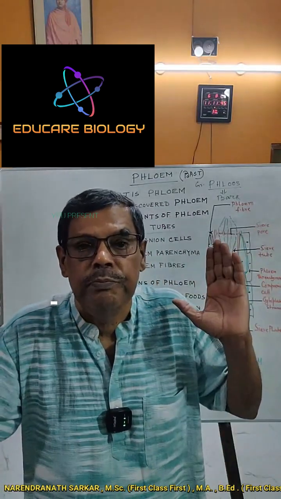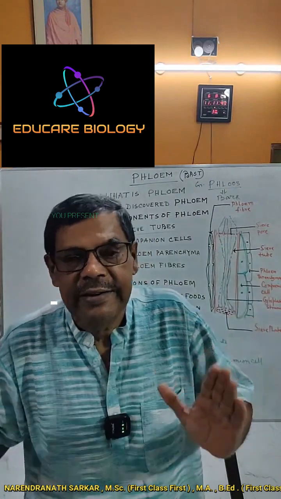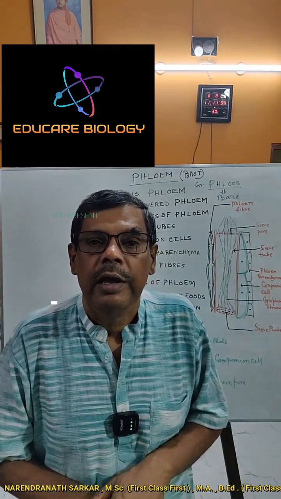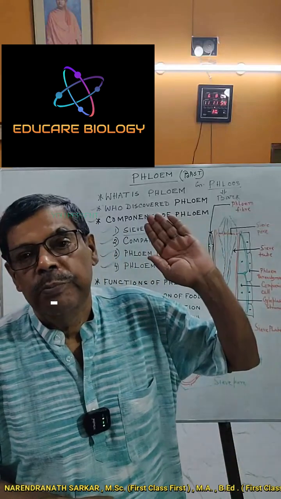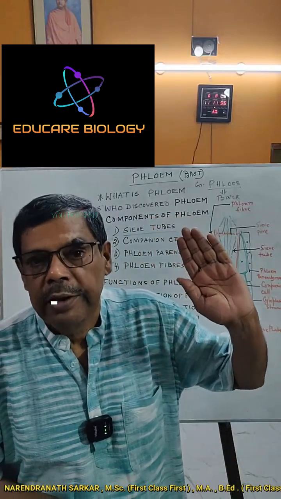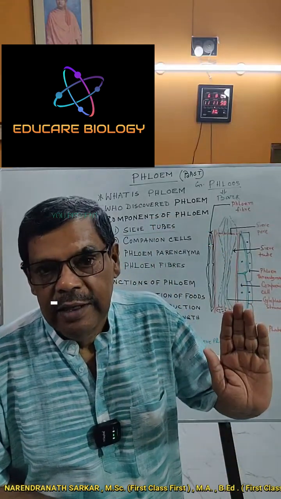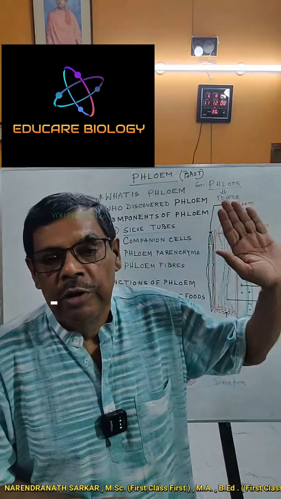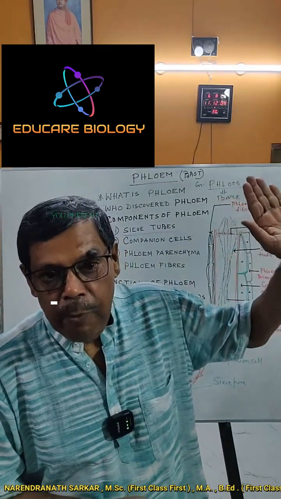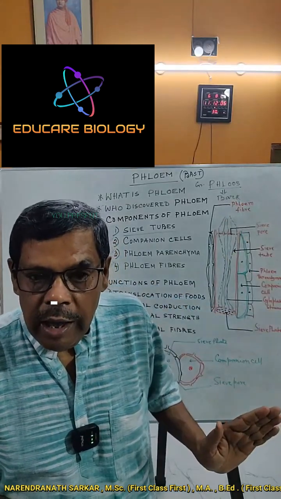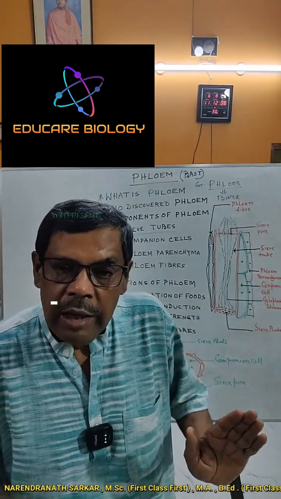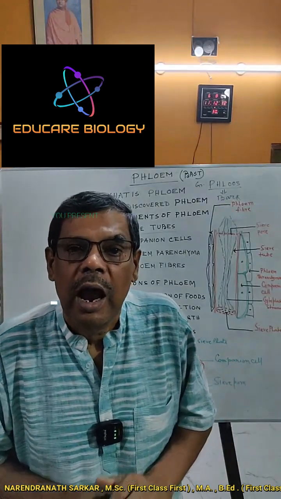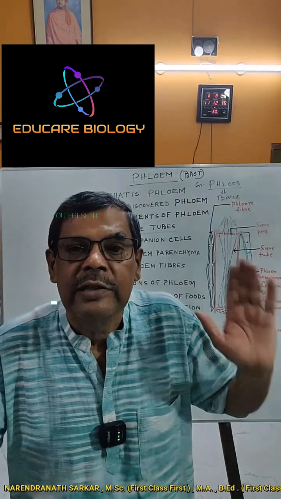Through these sieve pores, adjacent cytoplasmic strands are joined. And through these sieve pores of the sieve plate, food materials are transported from one cell to another cell, that is upward and downward, from the storage to the growing region and several other parts of the plant.